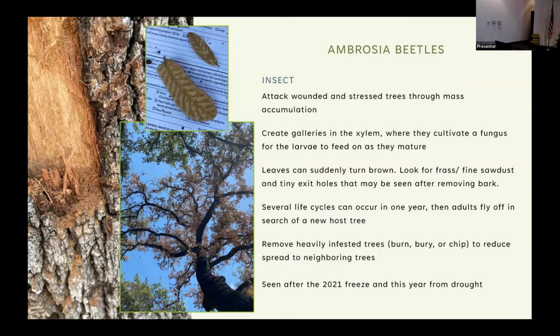But most of the leaves, again, were just brown. And so I started digging into the tree, and again, I found all that frass. So this was a year and a half into the drought, and we found this too. So those things can come about with those extreme events that stress the tree.